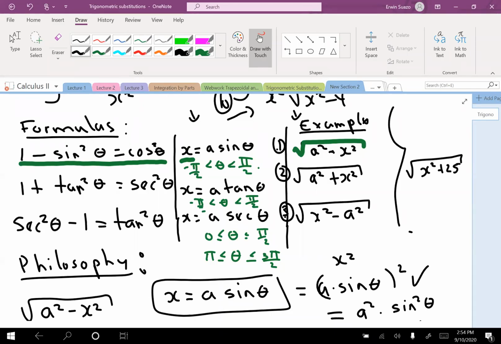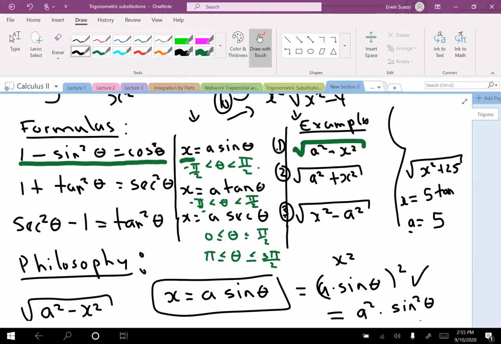So question, what is my substitution? x equals what? Basically, my question is, what is a? a is 5. So x is 5 times what else?